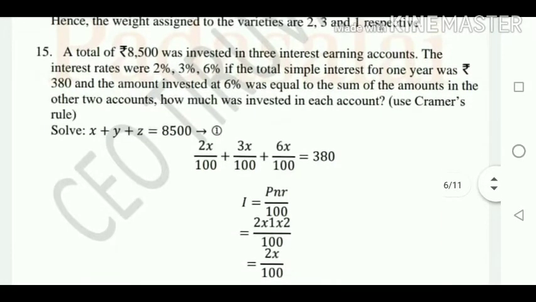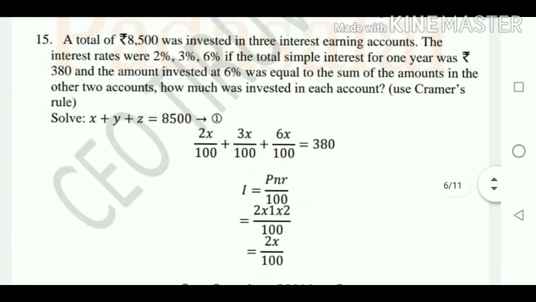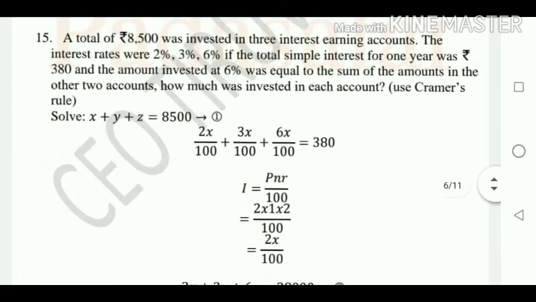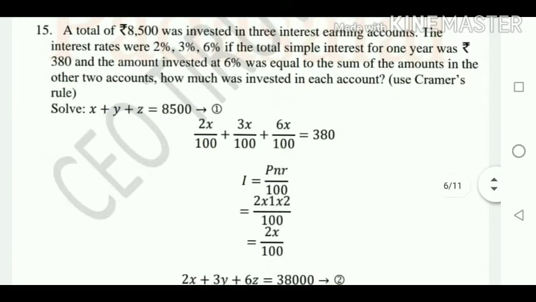The next sum is given in fraction form. A total of 8,500 was invested in 3 interest earning accounts. The interest rates were 2%, 3% and 6%. If the total simple interest for 1 year was 380 and the amount invested at 6% was equal to the sum of the amounts in the other 2 accounts, how much was invested in each account?